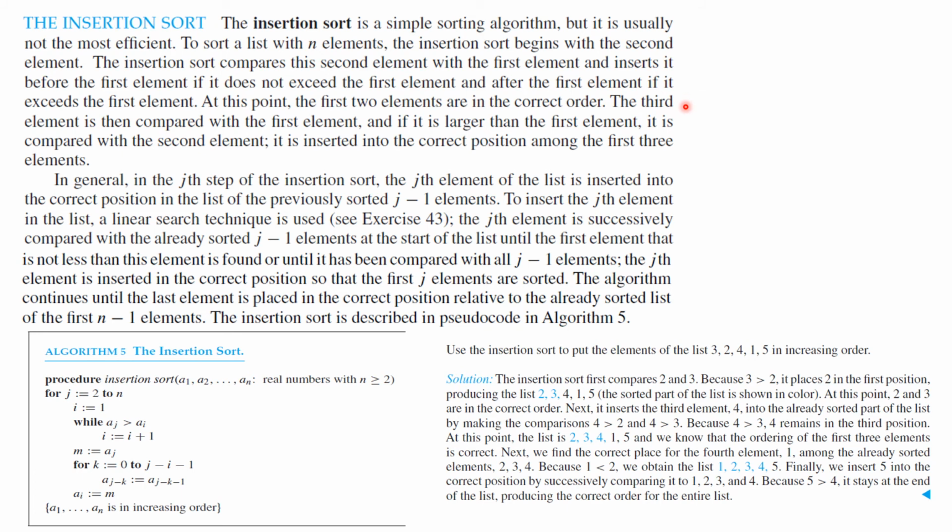At this point, the first two elements in the set are in the correct order. The third element is then compared with the first element, and if it's larger, you go down and you do this. And so it is inserted into the correct position among the first three elements.